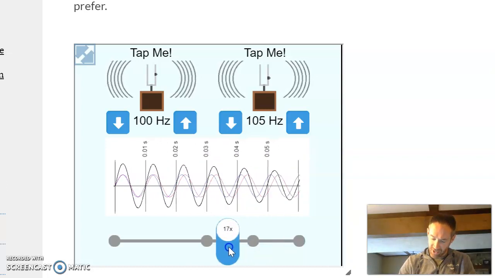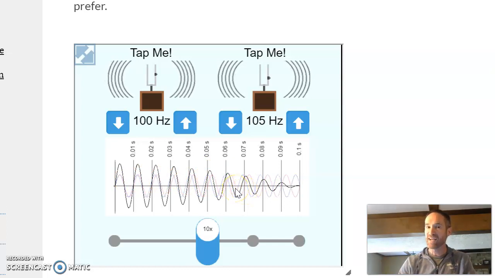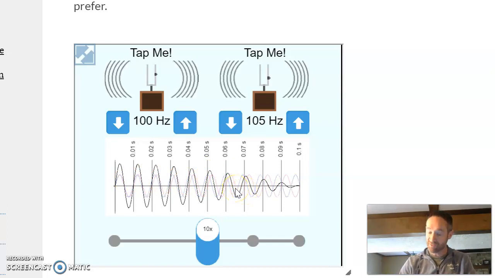But if I zoom this way out, you can see that since they're getting a little bit less and less in phase and a little bit more and more out of phase, that amplitude is getting smaller and smaller, and you can see that I don't have as great of an example of constructive interference. In fact, I'm going towards destructive interference.